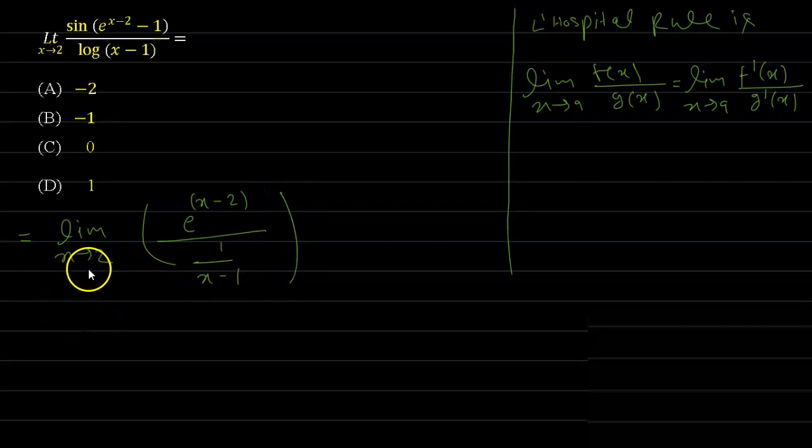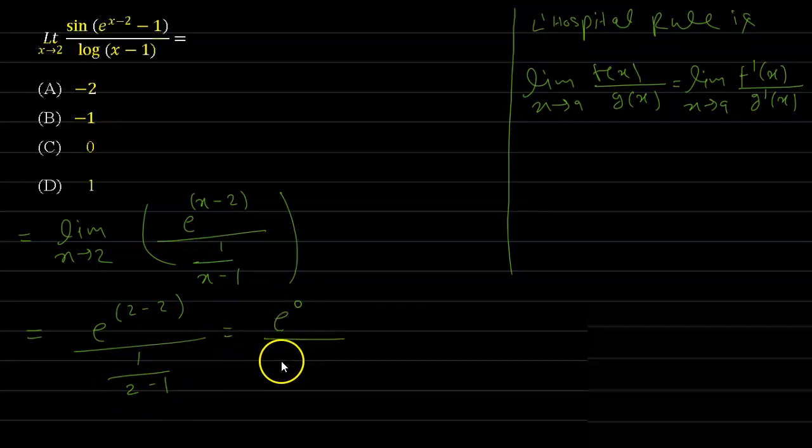Now on putting the limit, in place of x substitute 2, we get e to the power 2 minus 2 divided by 1 by (2 minus 1), which is e to the power 0 divided by 1, and 1 by 1 is 1, and the value of e to the power 0 is also 1. That means the required value of the limit is 1. That means option D is the correct answer. Thank you.